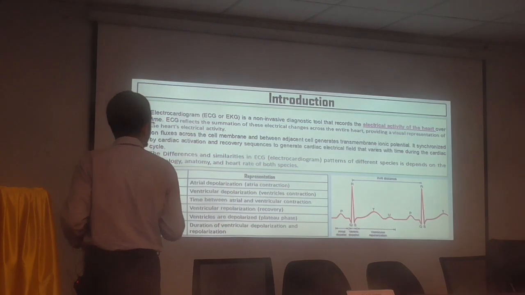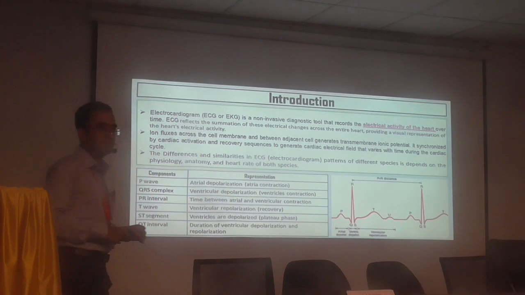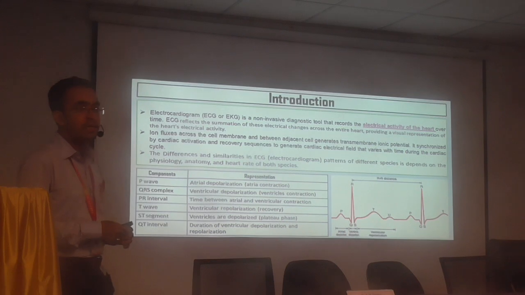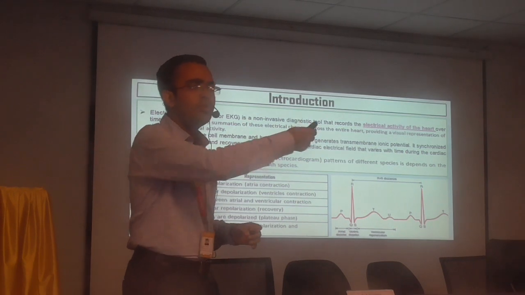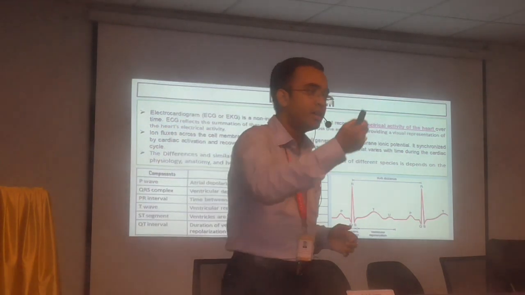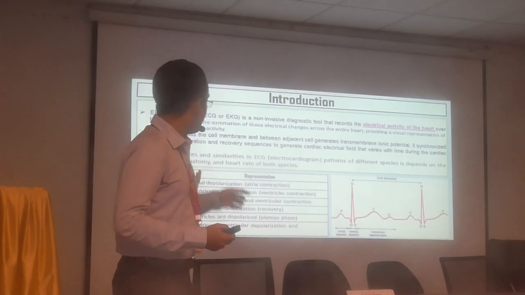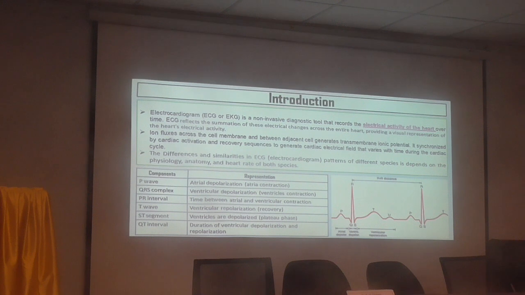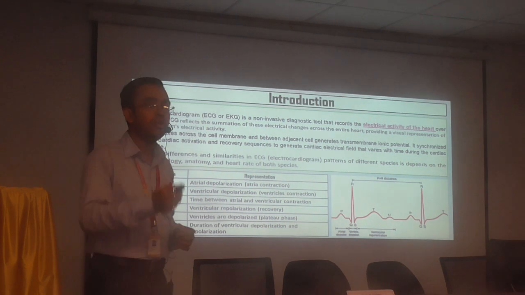Then we come to the QRS complex. QRS complex denotes ventricular depolarization. Here one question arises from your side, I know that. Why ventricular depolarization, or why not atrial repolarization?